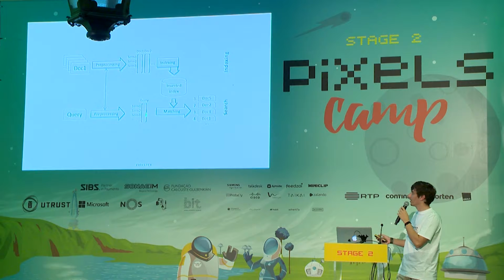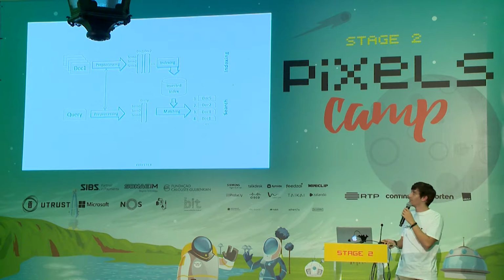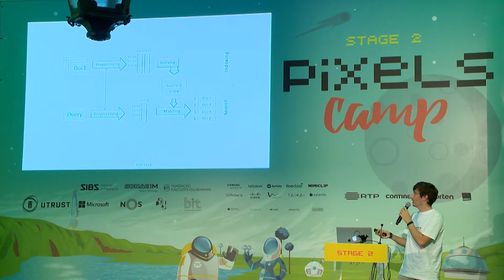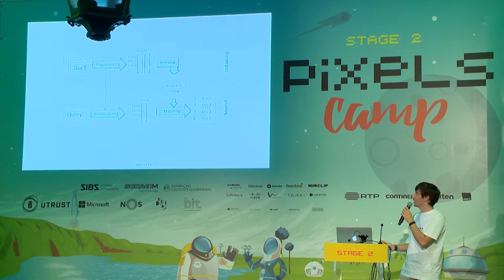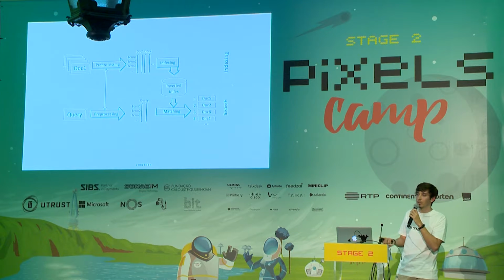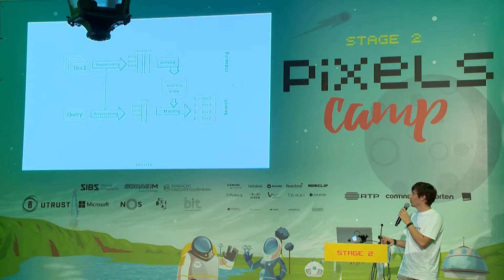But you can do a lot of things in the middle. For example, if the query golden shows up in here, you also map it to a synonym, for example, yellow. There are a lot of things that you can do to enhance either the representation of your document, so give more information to the document, and also to the query.